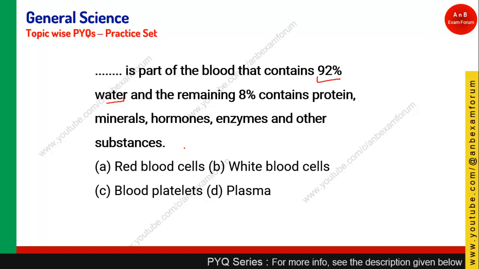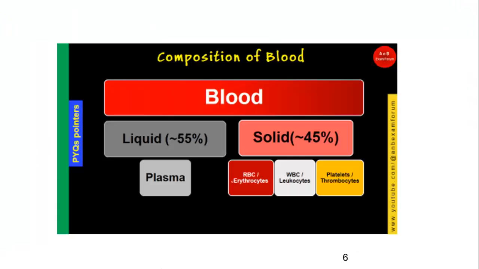The first one is the plasma and the second one is the formed elements, or you can say cells. The plasma is the part of blood which contains mostly water, and it is responsible for carrying proteins, minerals and hormones. So option D, those who have given it, they are right.